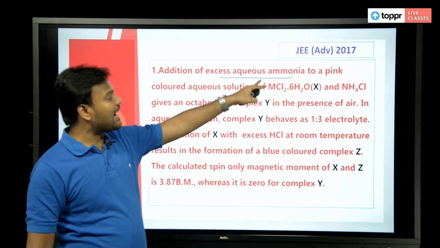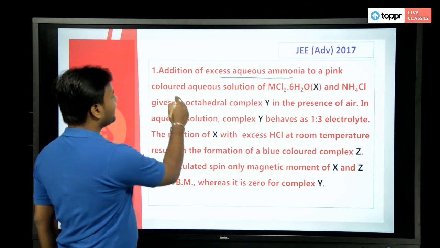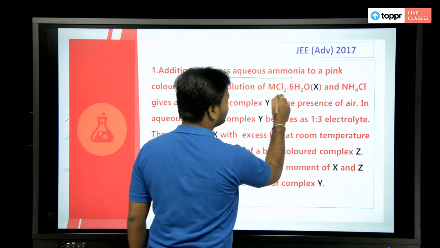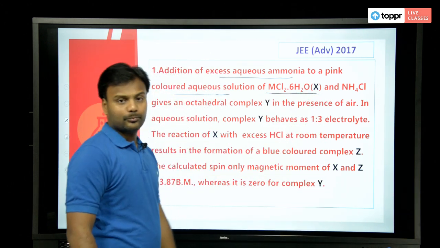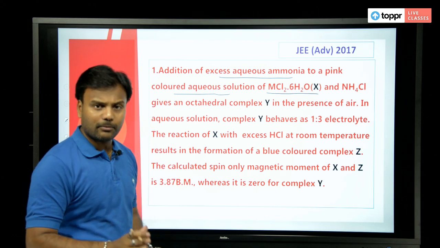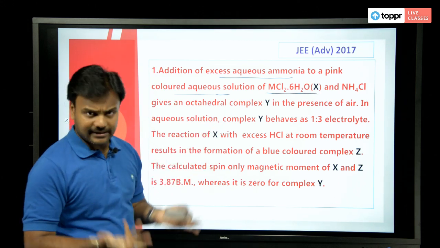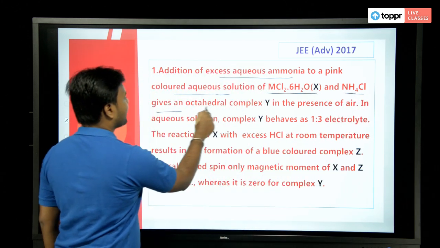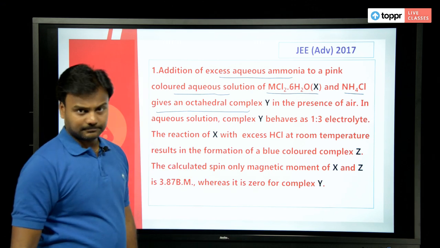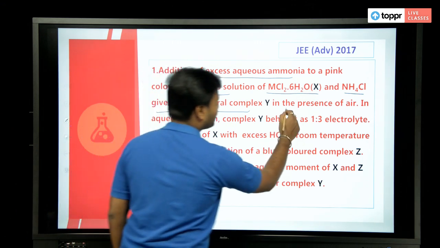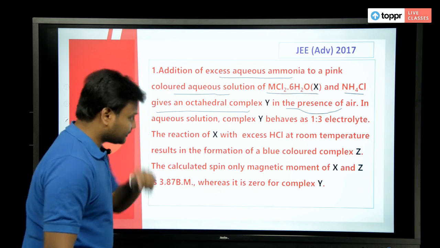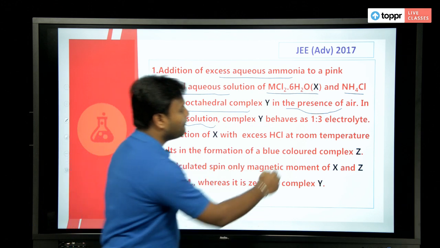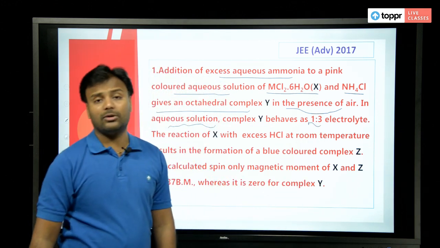Addition of excess aqueous ammonia to a pink colored aqueous solution of MCl2·6H2O, which is some compound, say X, and ammonium chloride gives an octahedral complex Y in the presence of air. In aqueous solution the complex Y behaves as a 1:3 electrolyte.